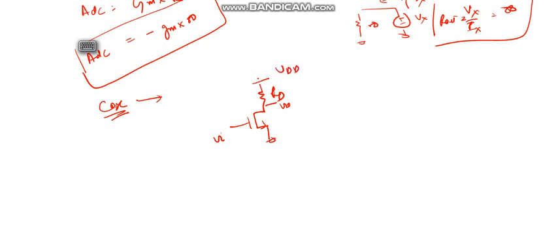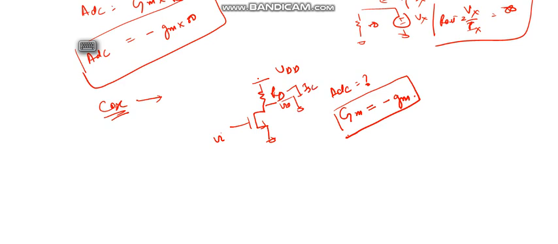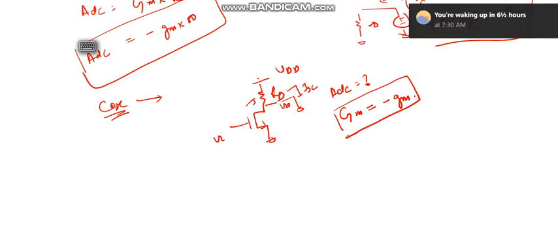Now we need to find ADC. Gm for this is similar, minus Gm. You can try it: we make the output ground, this is Isc, so we don't have to consider this RD.